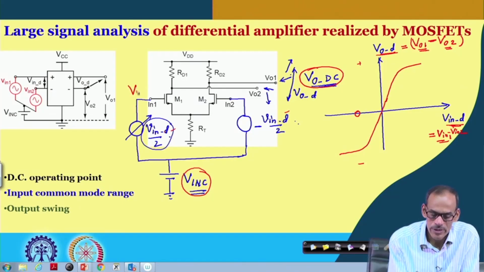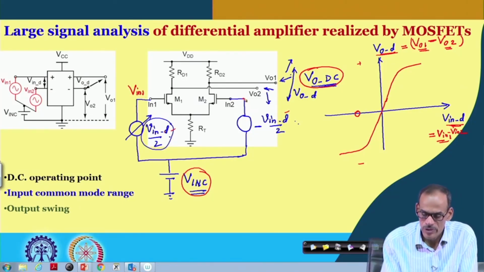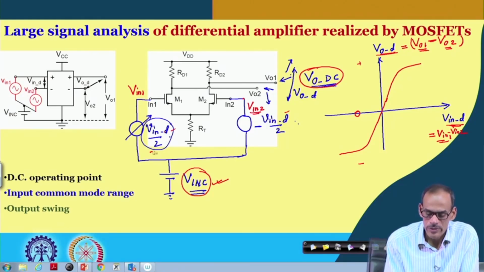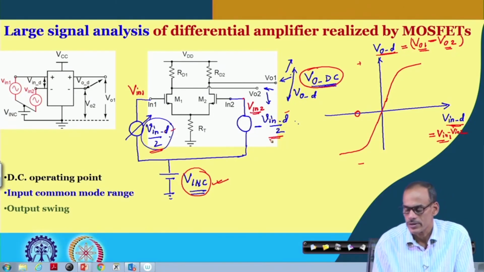So, the voltage here is capital V in 1 and the voltage here is V in 2, and both of them have the common DC and then the differential part.